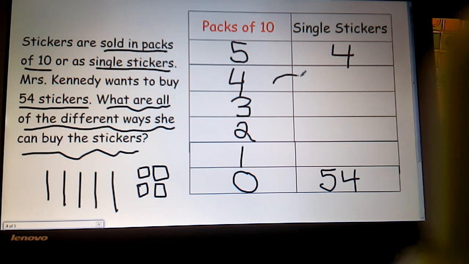Over here, if I have 4 packs of 10, I know now that I need to add those 10 back over to my single sticker side, which would give my number here an answer of 14. Same thing if I have 3, I'd need to add another 10, and that would be 24. 2, add another pack of 10 would be 34. And lastly, 1 plus another 10 would be 44.